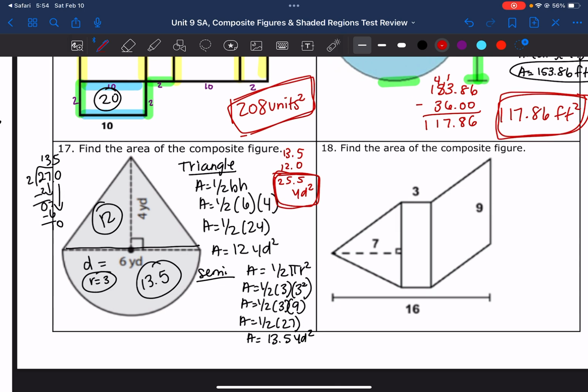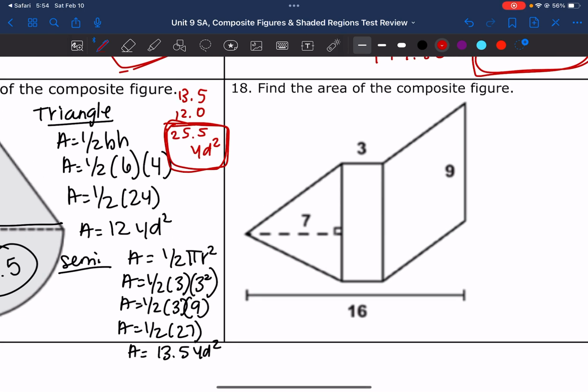So this question here, the first thing you're going to have to do is find all the lengths. Make sure you know all the lengths. And the biggest thing is that the whole thing from this point to this is going to be 16. I know that the triangle is from here to here, and that is 7 units.